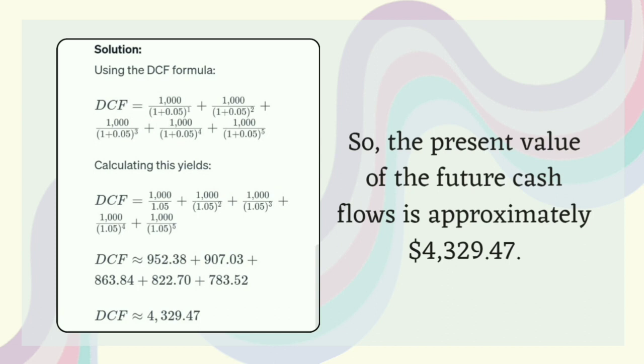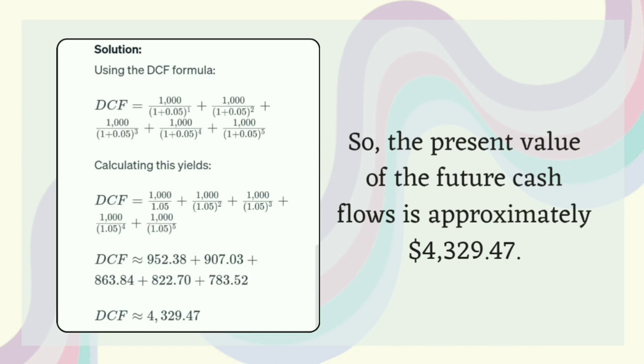So for calculating the yields, input in your calculator the given values and you will get for DCF 952.38 plus 907.03 plus 863.84 plus 822.70 plus 783.53, and the DCF is equal to 4,329.48.